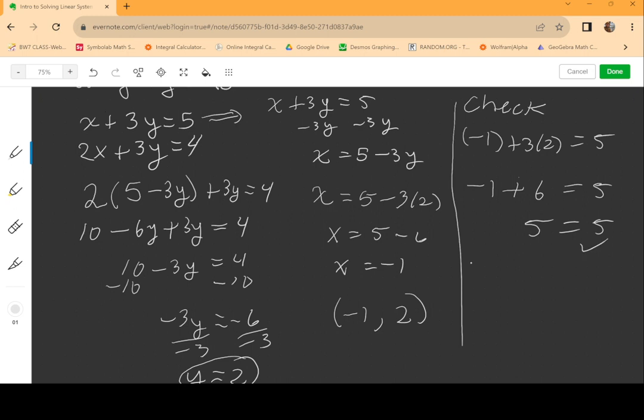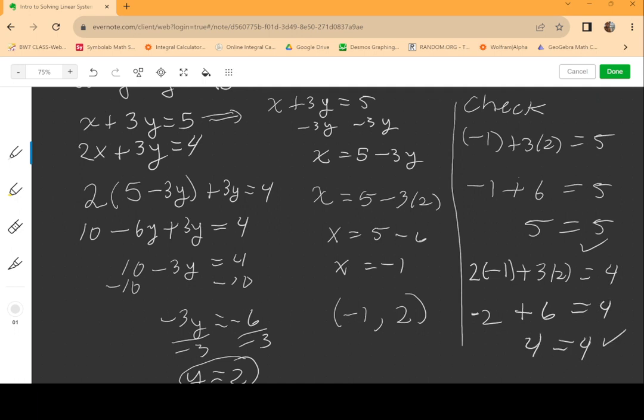And then the next one, just to again make sure, remember, it's a solution because it satisfies both equations. 2 times x plus 3 times y equals 4. So this is 2 times negative 1, which gives me negative 2, plus 6 equals 4, and we get 4 equals 4.